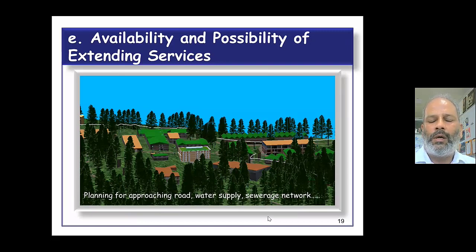We need to look where water supply connection is available and how to bring that supply to that particular site, or sewage network, so that how to connect the construction site with these services or facilities, that also plays a major role.